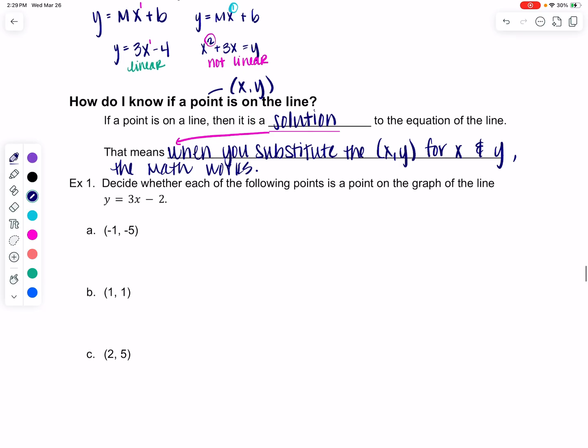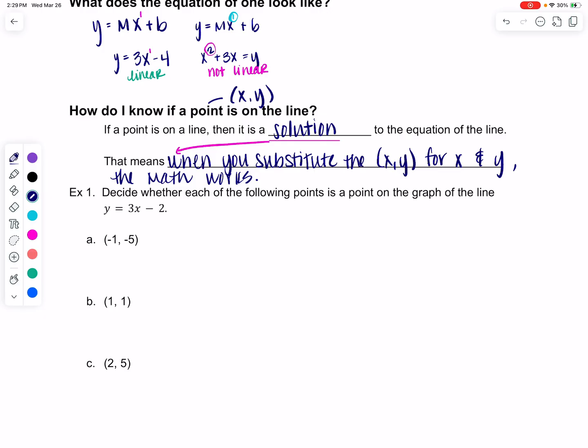That's the English version of what it means to be a point on a line and for that point to be a solution to the equation.